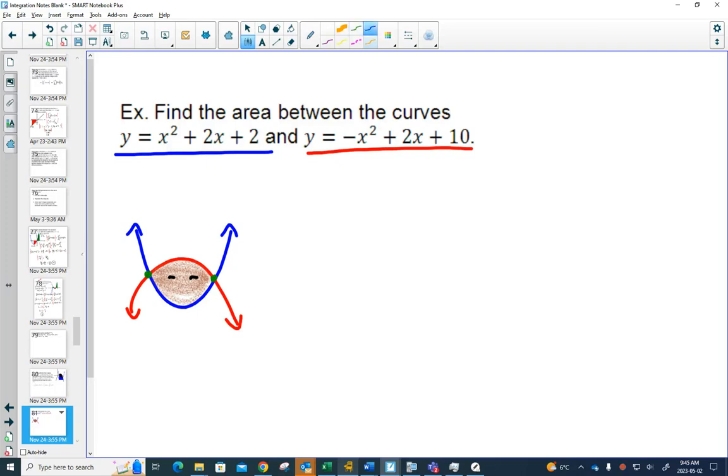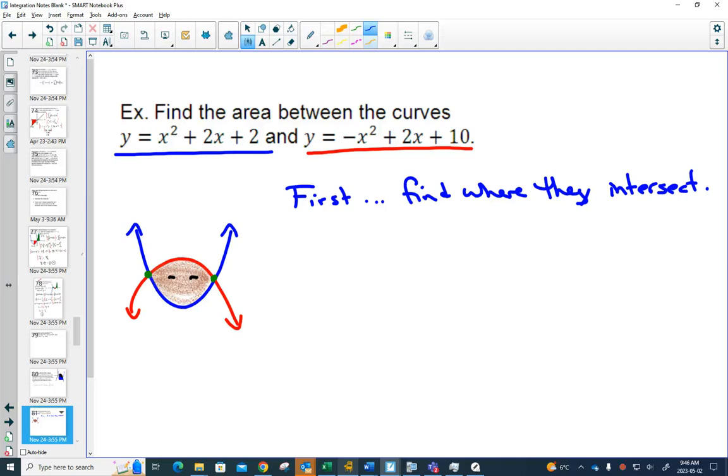So first thing we're going to do is to find where they intersect. How do we find where they intersect? Well, we solve the system of equations.